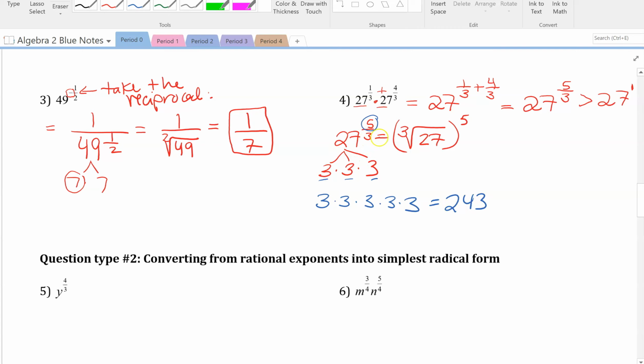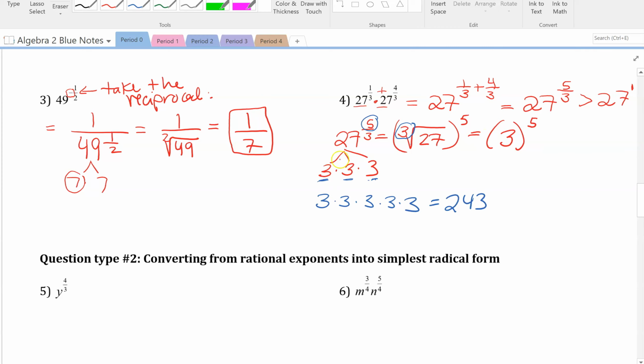But really what I'm doing is, I know the denominator is the index. So I'm finding a cube root of 27, right? That's what I was doing when I figured out what the 3 was. Cube root of 27 is 3. But then my numerator is 5, and my numerator is telling me how many times I have to multiply that root to itself. What number times itself 3 times is 27?